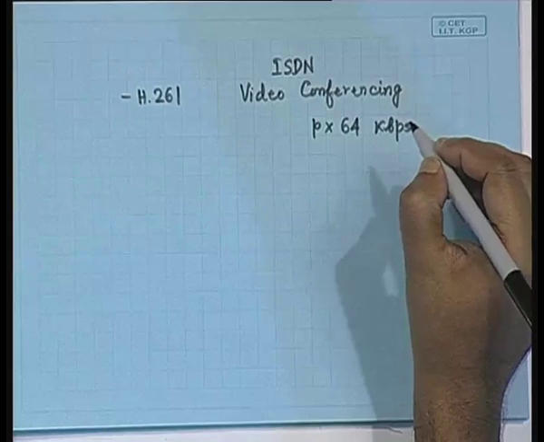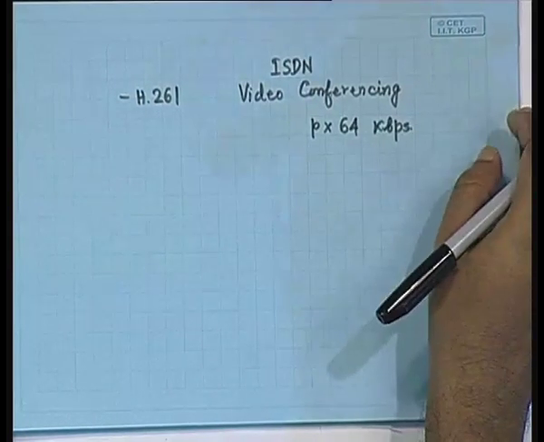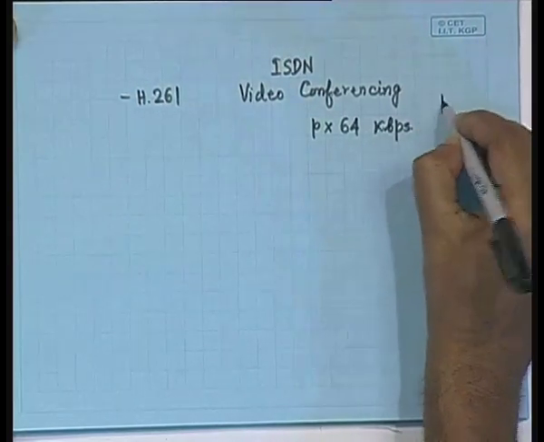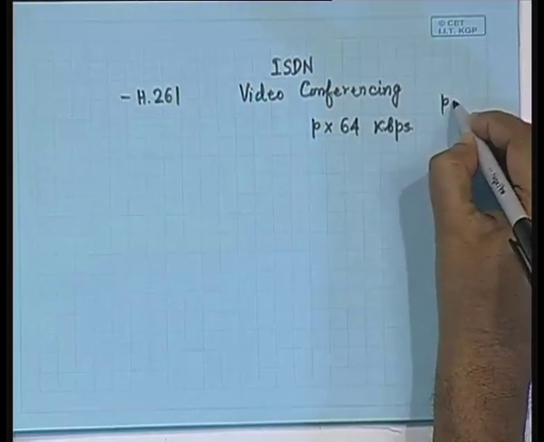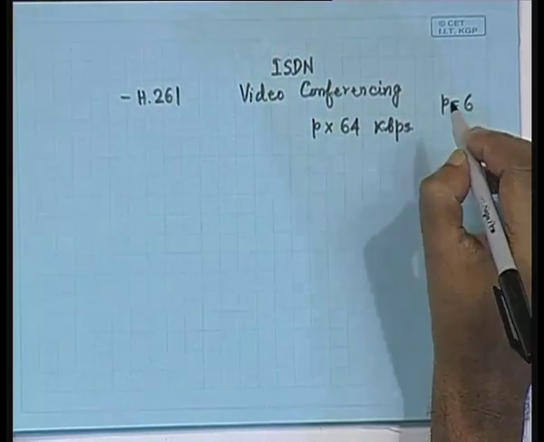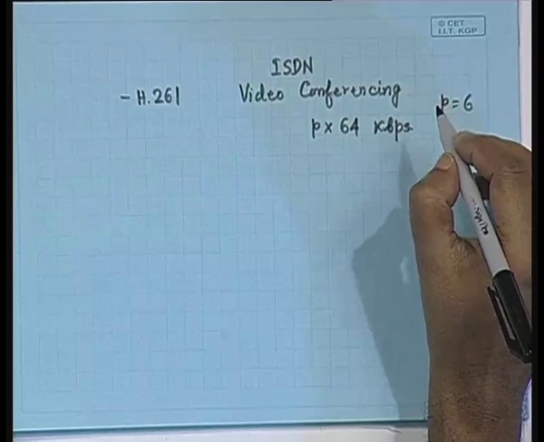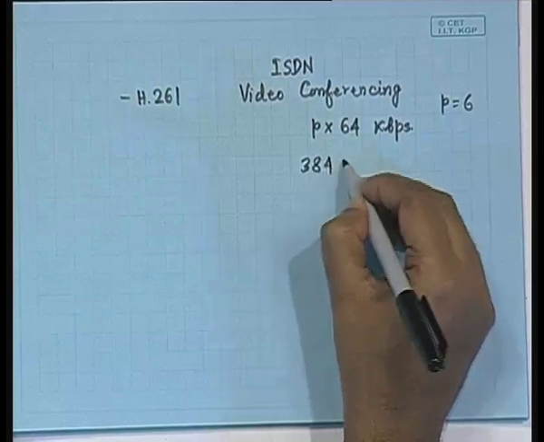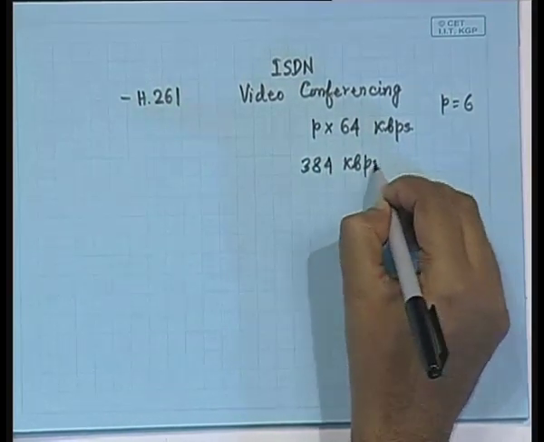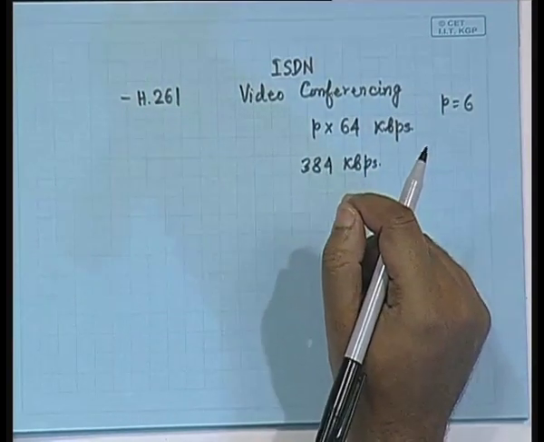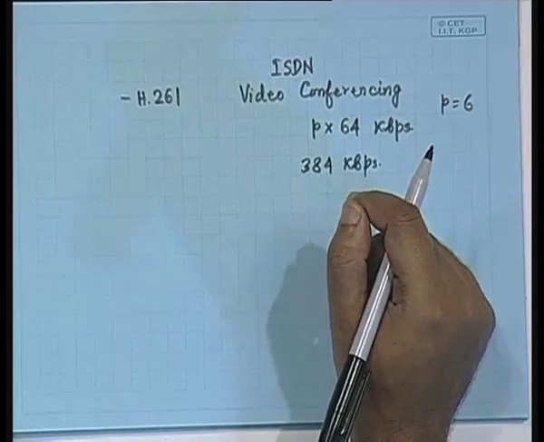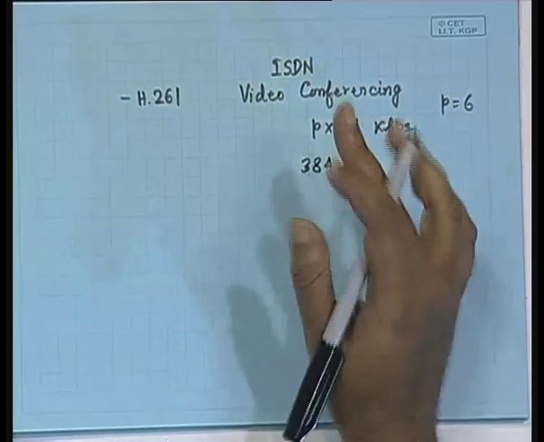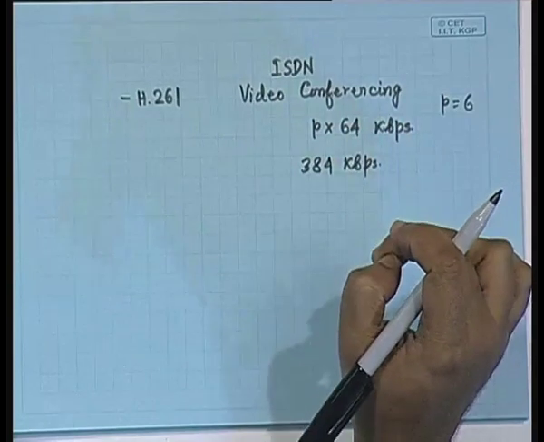So, it is quite a low end of bit rate application. P is an integer, and if you take P equal to 6, a very typical figure, you reach 384 kilobits per second. So, 384 kilobits per second for video conferencing was okay with leased lines.